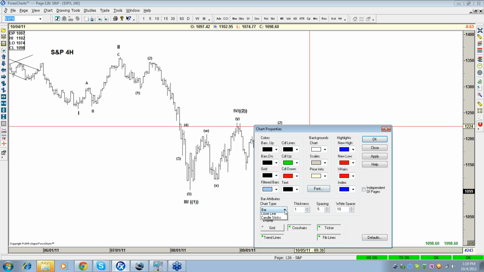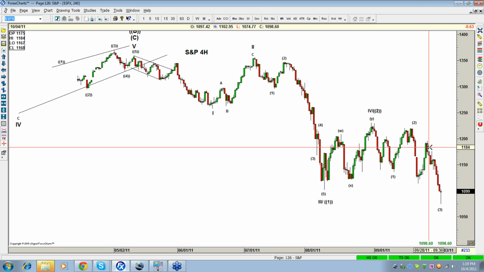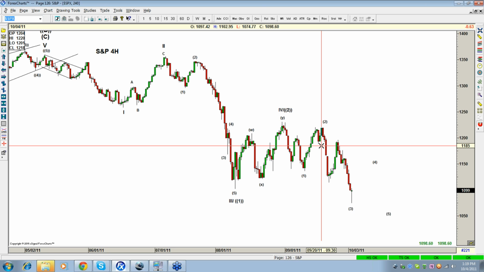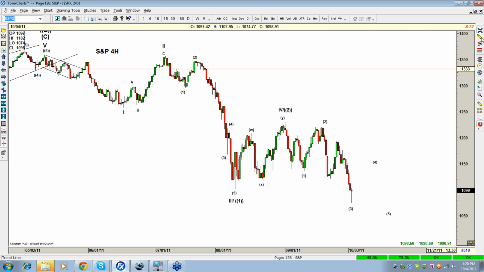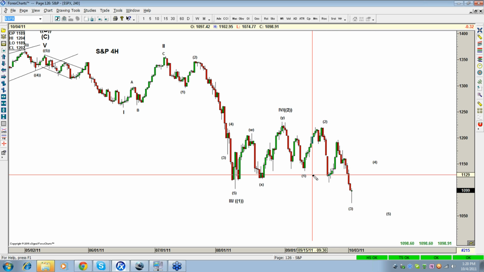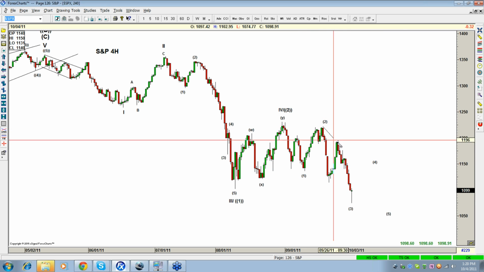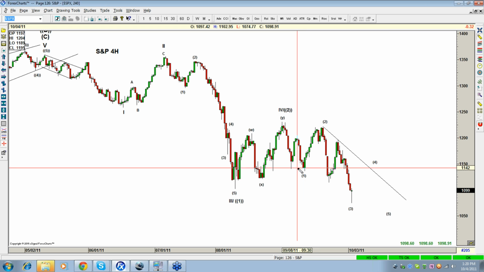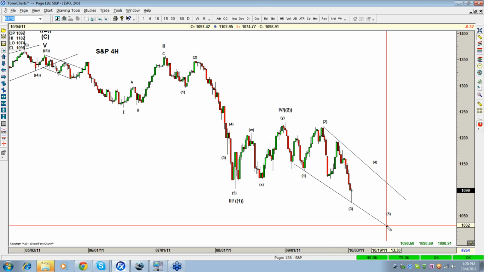Look at the candle that is printing there on the 4 hour on the bottom. So don't rule out in the S&P this is an area that we just posted on Twitter.